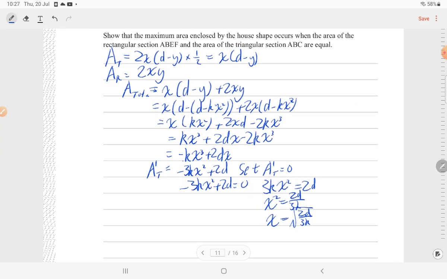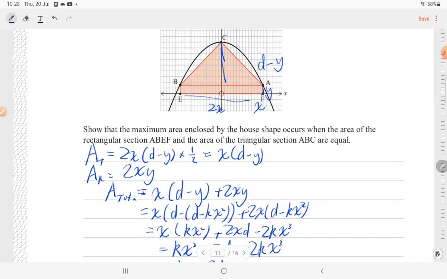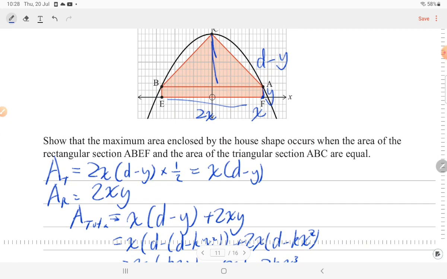So we found that where x is equal to square root of 2d over 3k, it will give a maximum area for this whole thing.